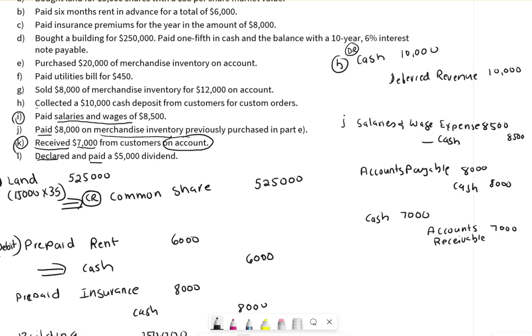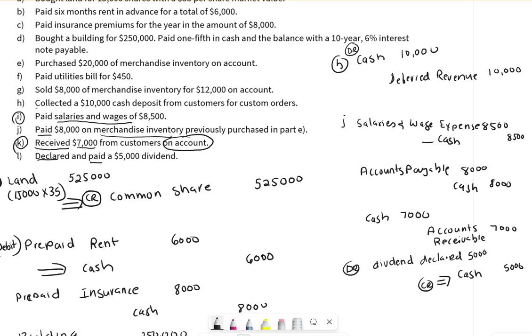If you declare and pay at the same time, we have a debit, and that will be my dividend declared, and credit, if you paid it, it will be my cash, and it's indented. How much is it? It is for $5,000. So again, when you put a debit, it will be on the left side, and if you put a credit, it'll be indented. So that is automatically known that it is indented.